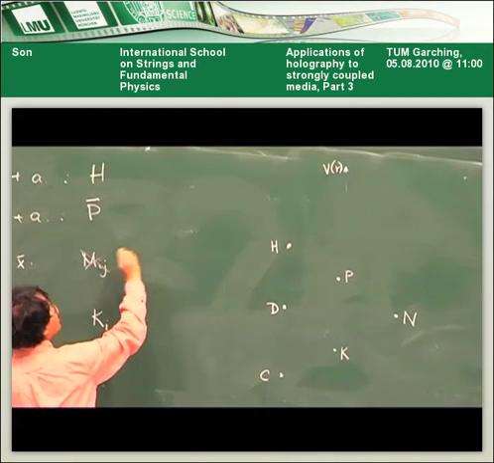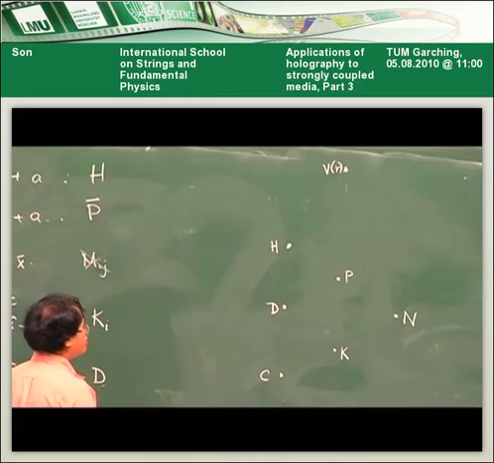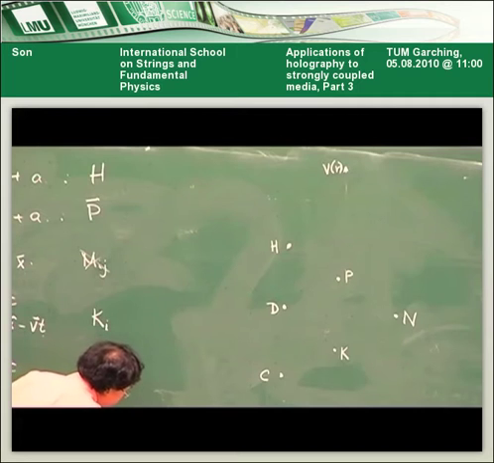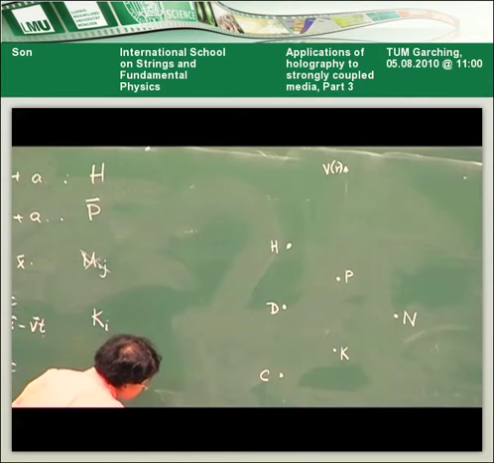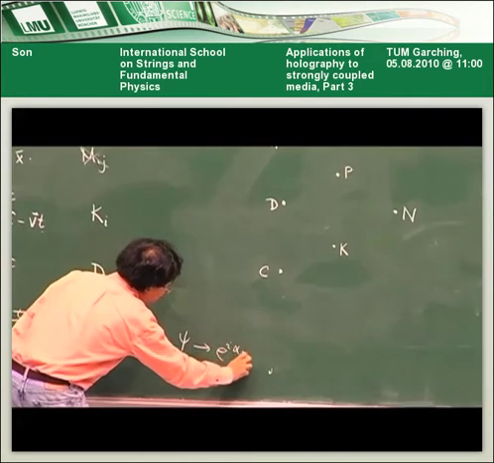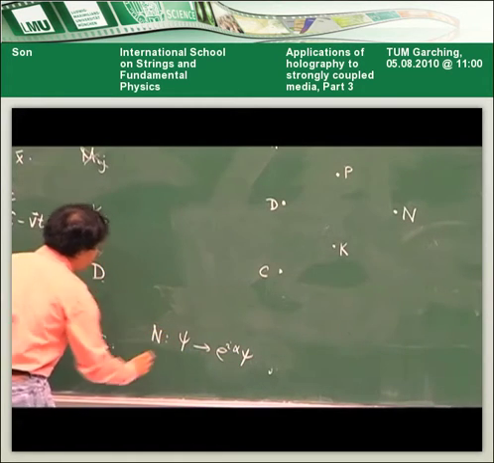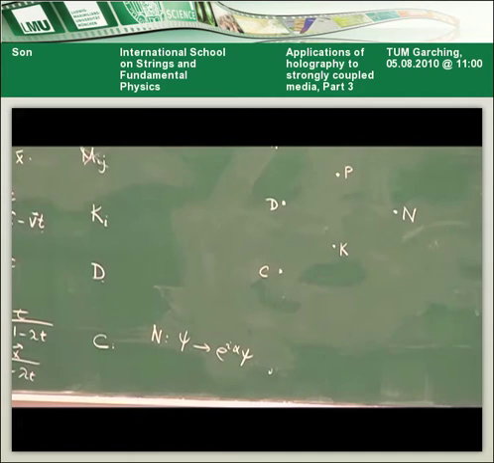That is just the trivial change of the phase of the operator. If I have a psi, a solution, I can multiply it by an arbitrary phase, and that operator, let me call N. That is the conserved number of particles that generates the phase rotation of the wave function.